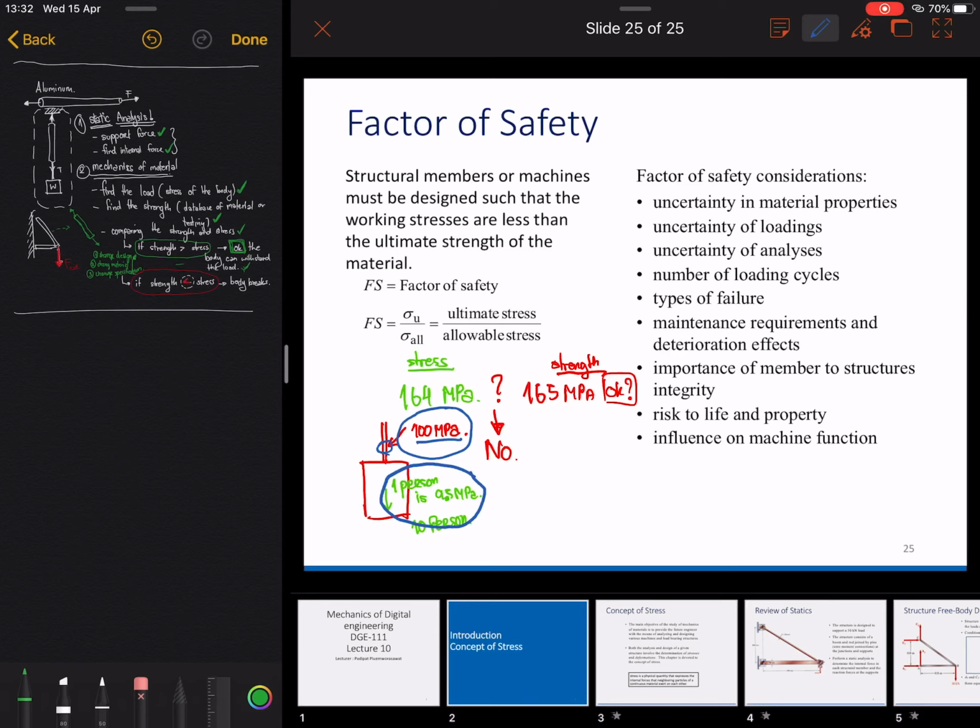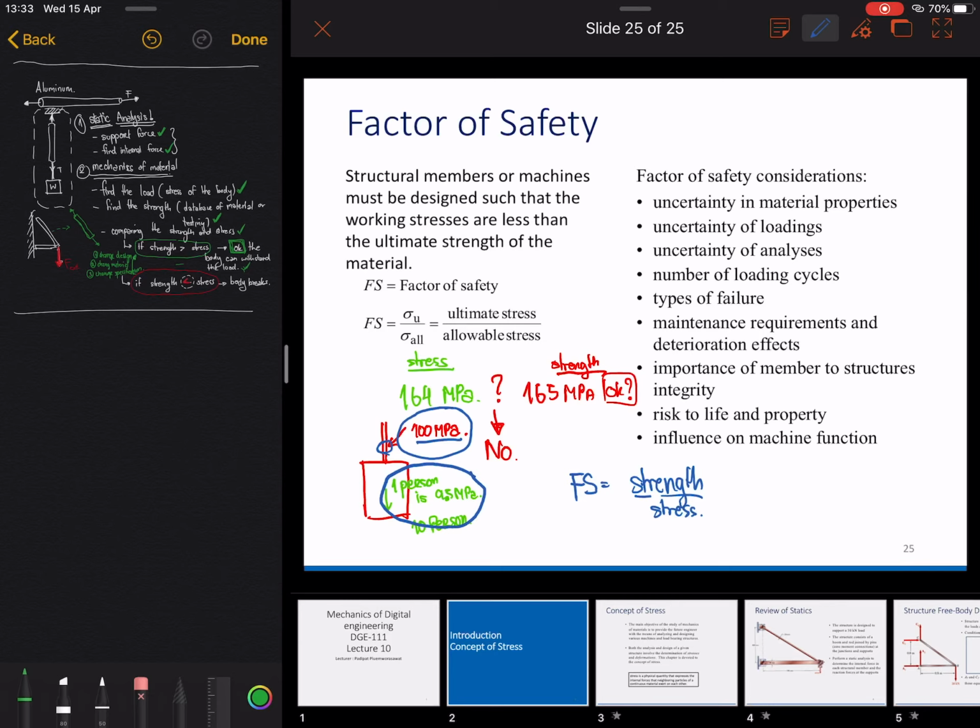So do you know the safety factor for an elevator, how much it is? What is the safety factor? The structure of the member or the machine must be designed such that the working stress is less than the ultimate strength of the material by this safety factor. Okay, this safety factor Fs is just the strength over the stress.